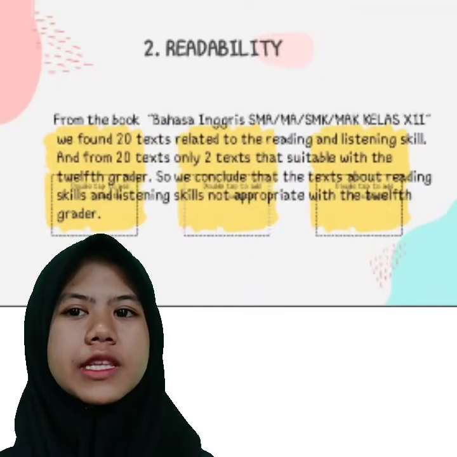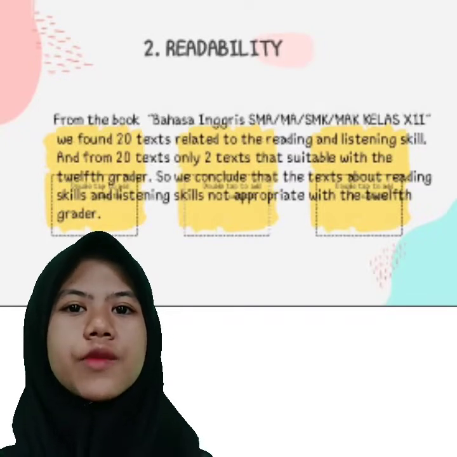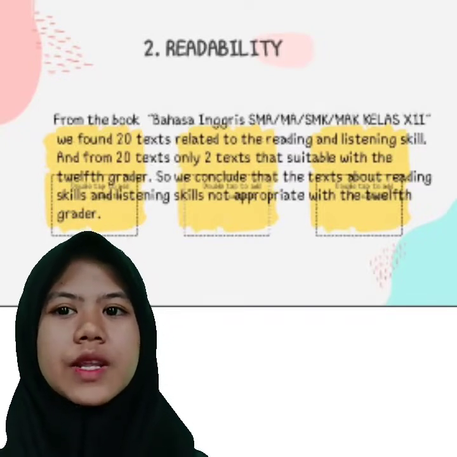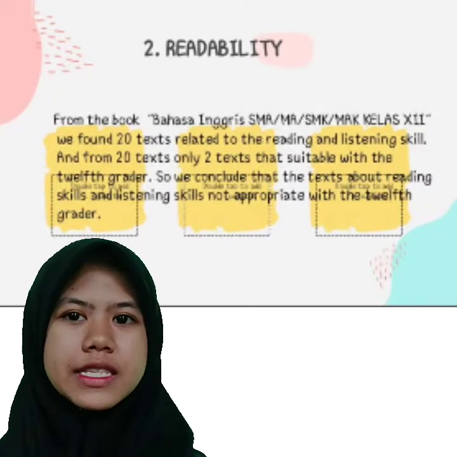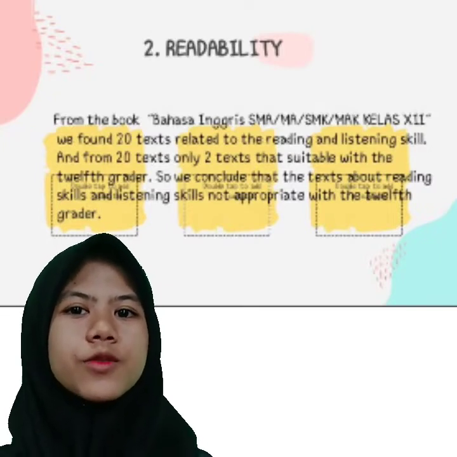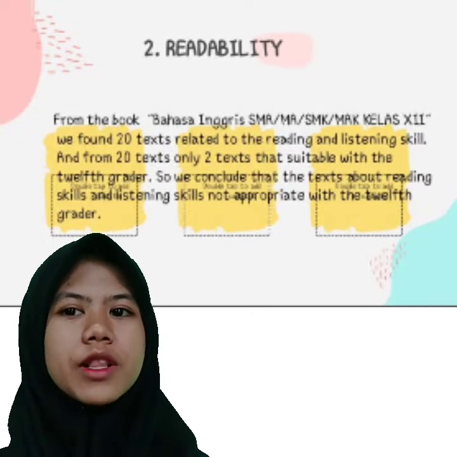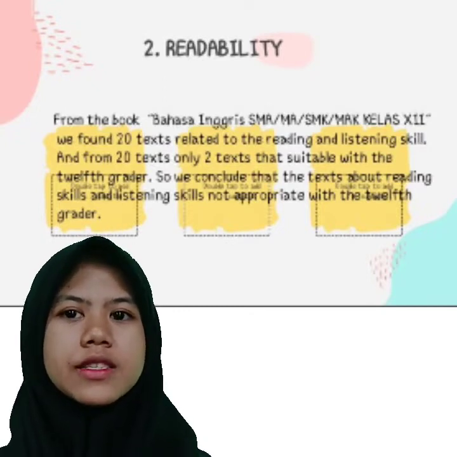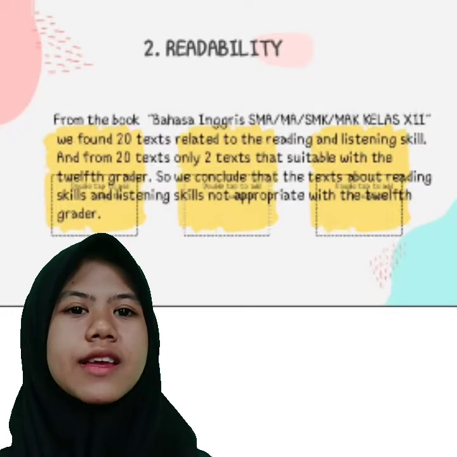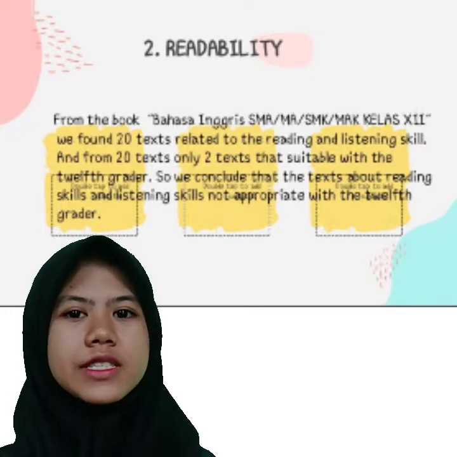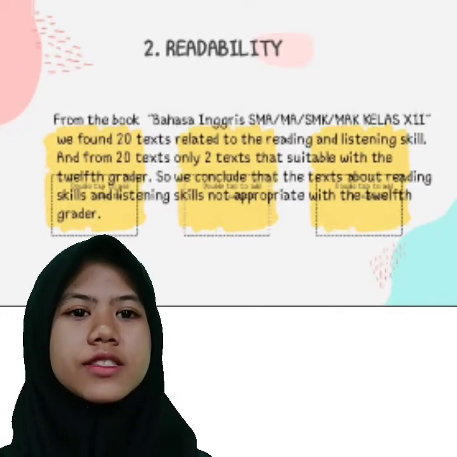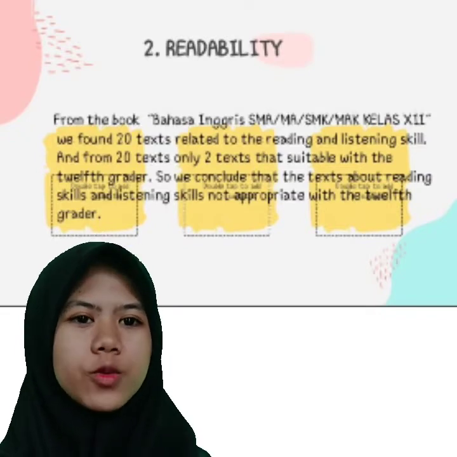For the readability of this textbook, we found 20 texts related to the reading and also listening skill. And from the 20 texts, there are only 2 texts that are suitable for the 12th grade. So we can conclude that the texts about reading skill and also listening skill are not appropriate for the 12th grade.